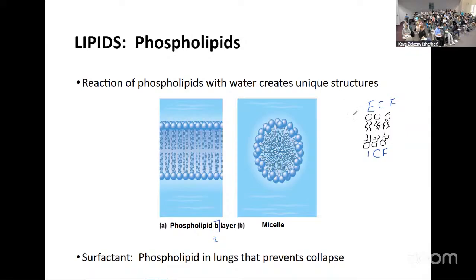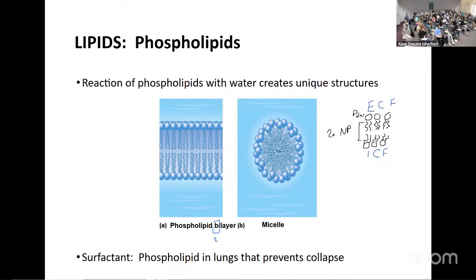So we've got a polar part. It's relatively thin. Then we have a really big nonpolar region because of those fatty acid tails and the fact that they're doubled. So let's even say multiply by 2, right? So 2 times nonpolar.